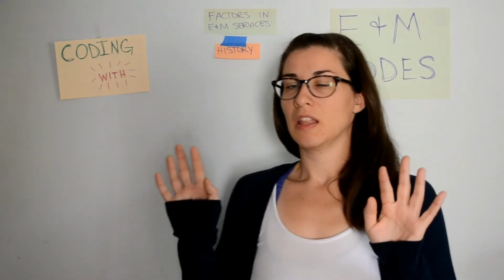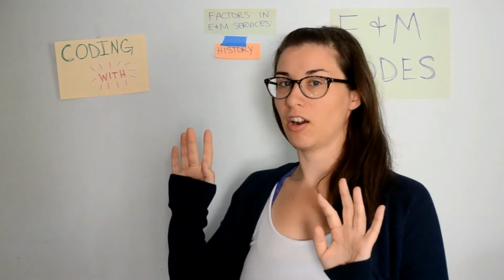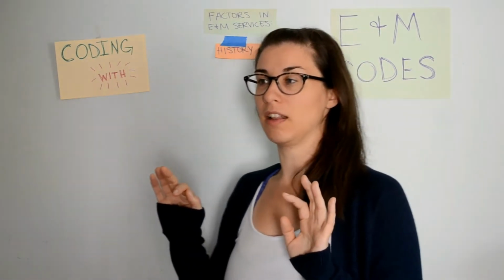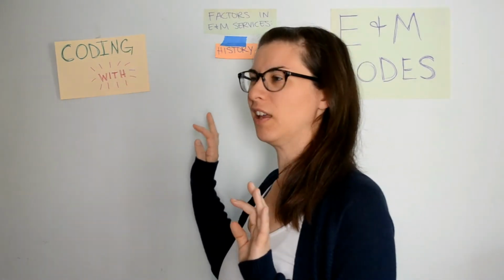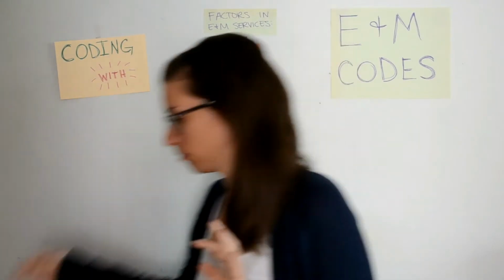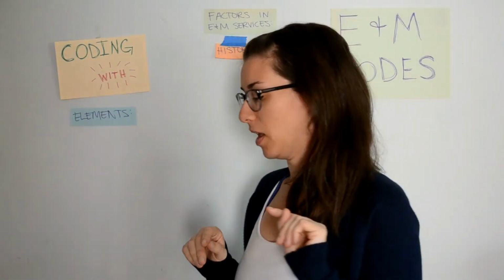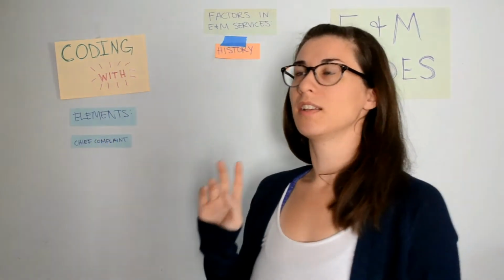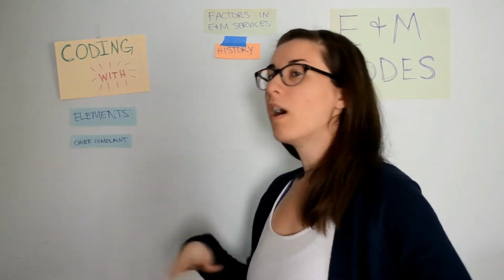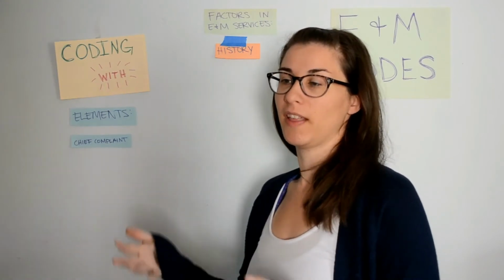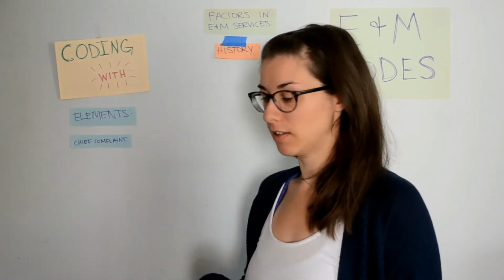So within the history, there are 3 different elements that help you define the level of history that was acquired. The first element is the chief complaint. So the chief complaint essentially is what occasioned the visit, what the patient came in for that they wanted the doctor to look at.